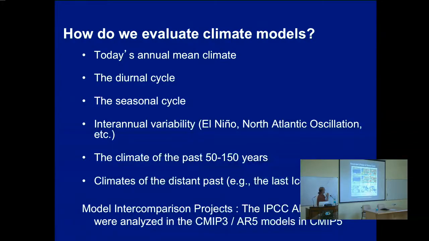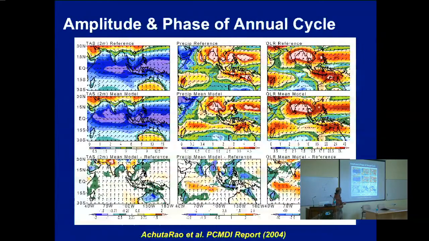So you do things like compute the annual cycle and the amplitude and phase of different variables. So there's surface air temperature, there's 2 meter air temperature, there's precipitation, and outgoing longwave radiation. So you can actually see, this row is what the observations are, and then this is a mean model.